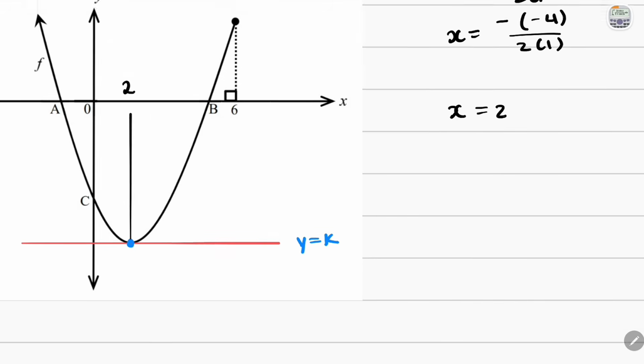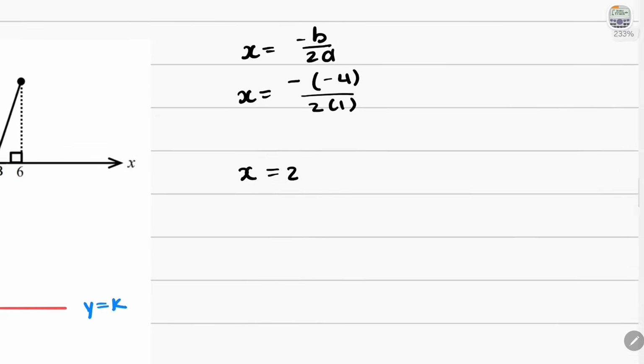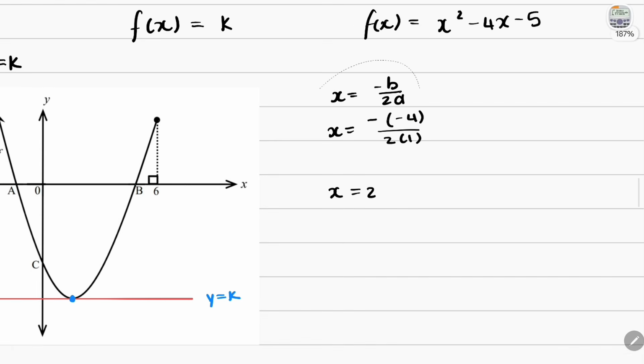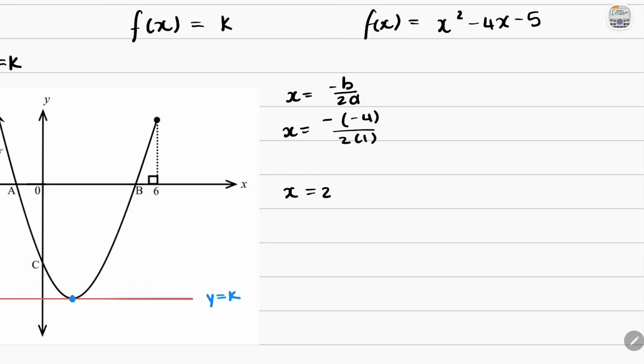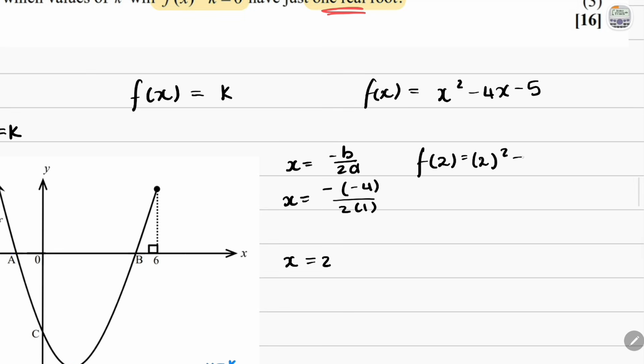And then what is that y value? Let me not even put attention on that because we're solving for k. We're not really bothered about what that x value is in the answer. So we'll say f of 2, and let's just find this. So this is 2 all squared minus 4 times 2 minus 5. And then f of 2 is equal to 4 minus 8, which is -4, minus 5 is -9.